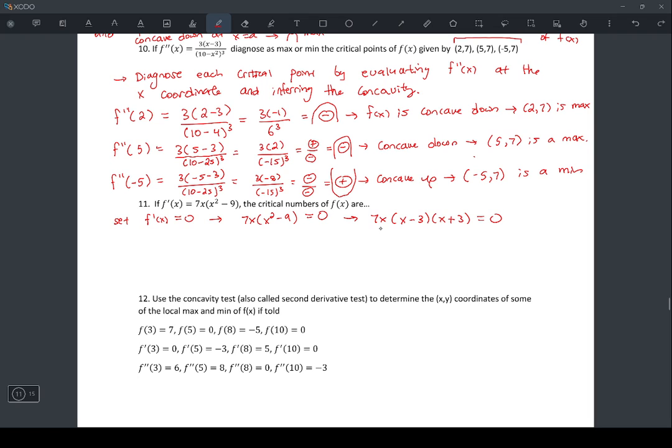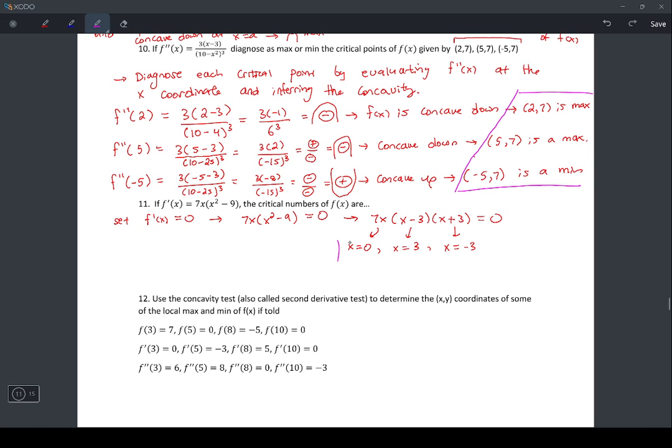And then that tells us there are 3 solutions. One solution if 7 times x is 0, which means x equals 0. One solution if x minus 3 is 0, which means x is equal to 3. And one solution if x plus 3 is equal to 0, which means x is equal to -3. And those are the 3 critical numbers. Just going to highlight the conclusions.